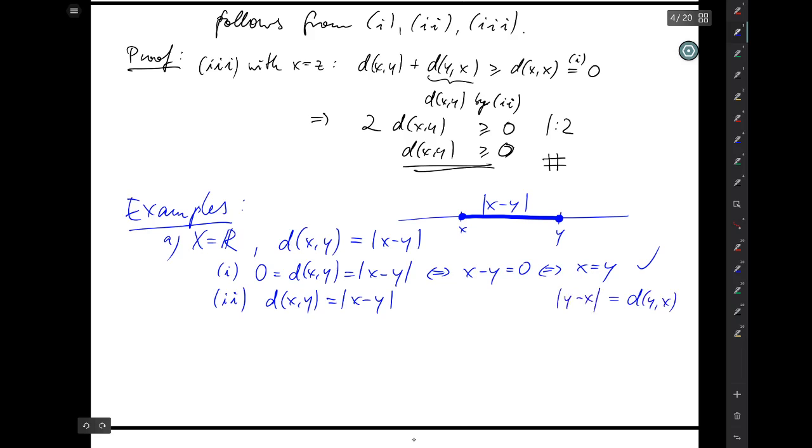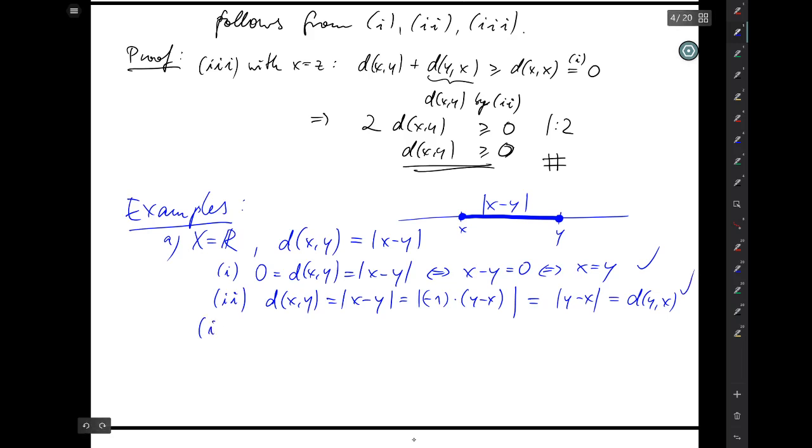How do we bridge the gap? Or we could say this is the modulus of minus 1 times y minus x, right? And therefore it's the same as just the modulus of y minus x. Okay, so that's how you see this.